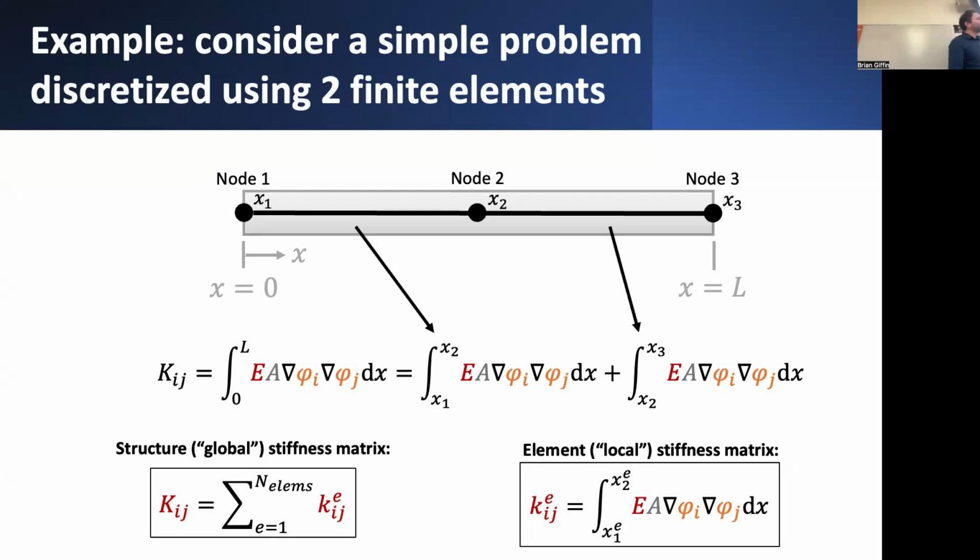First, an integral over the first element between x1 and x2, and then another integral defined over x2 to x3. And the summation of those two integrals basically gives us the same integral over the whole domain of interest, but we can actually carry out these integral computations over these individual elements much easier, as we'll see in a moment.